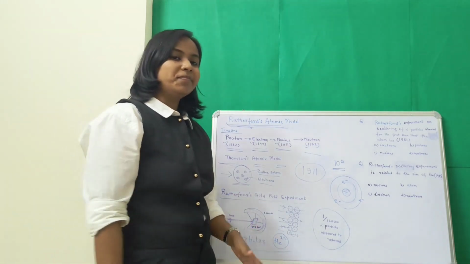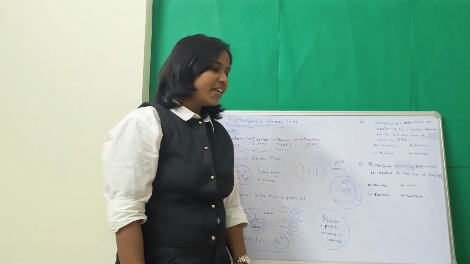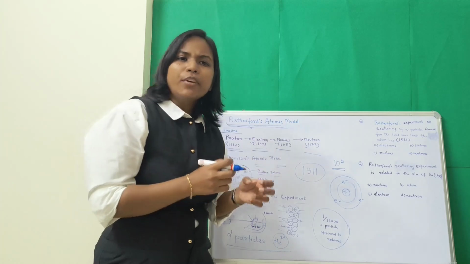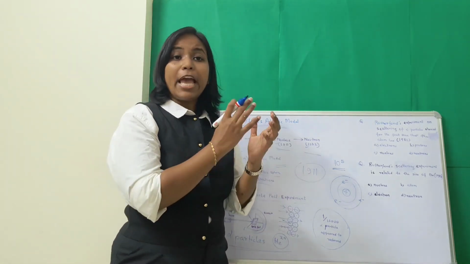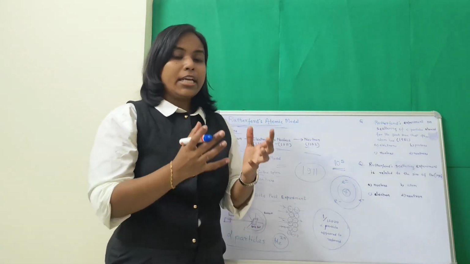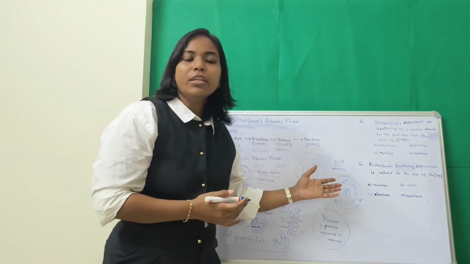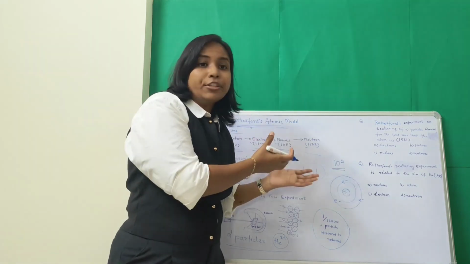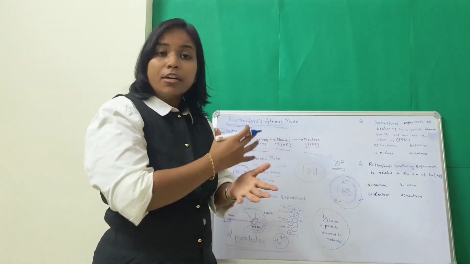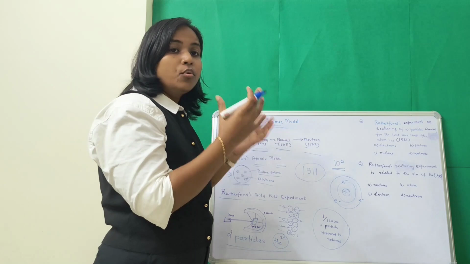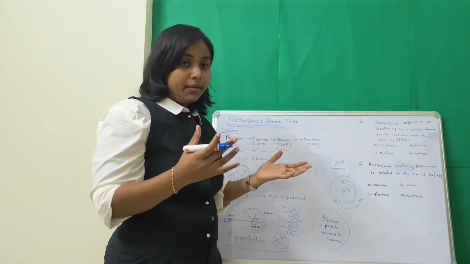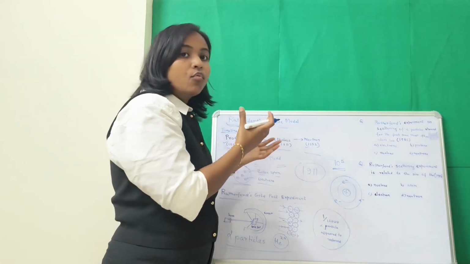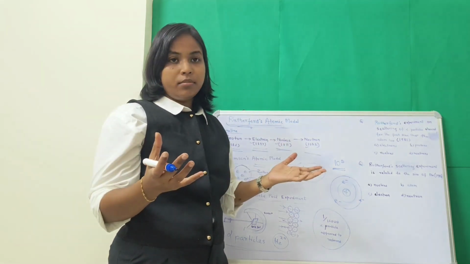But here's the drawback. Whenever a charged particle is moving in a circular path, it must undergo some acceleration. Any charged particle undergoing acceleration must lose energy, and that means these electrons would fall on the nucleus.